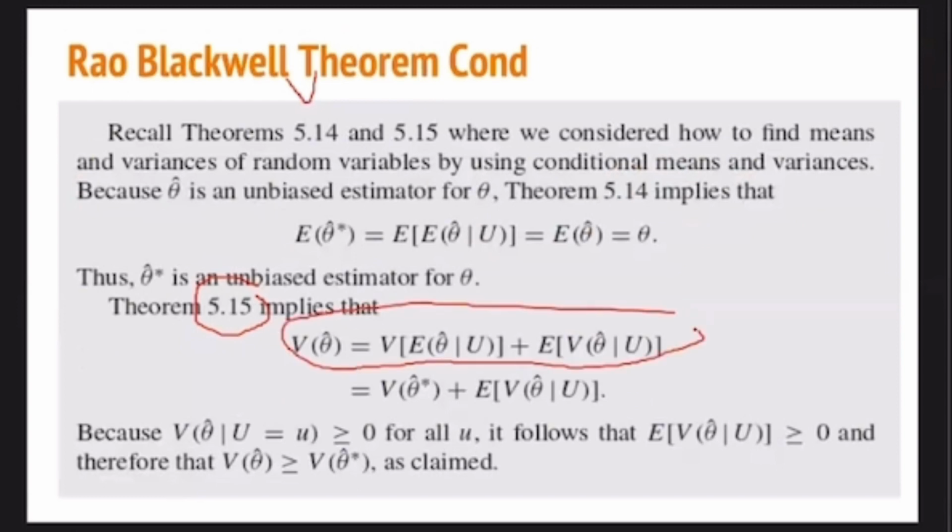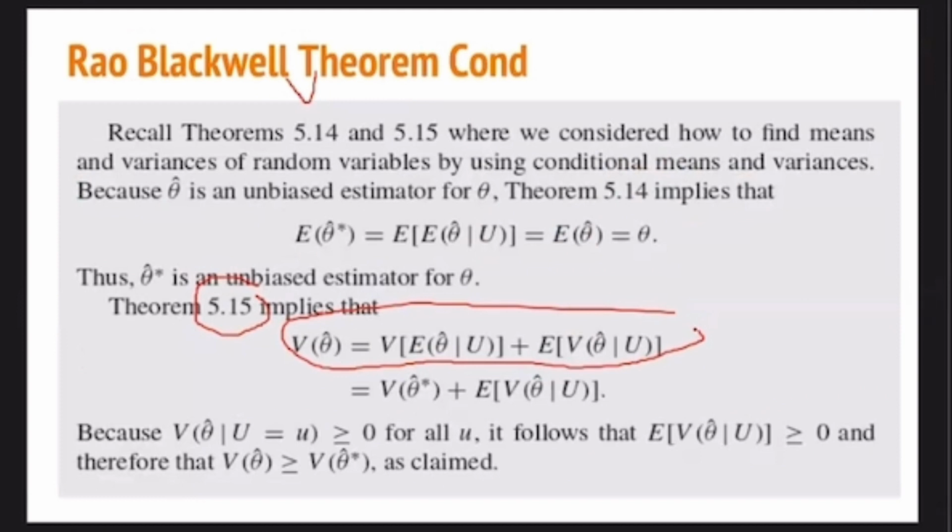You see that? The theta cap here is like y1, equal to the variance of the expectation of theta cap given U. U here is the sufficient statistic, so U is acting like a y2, and theta cap is acting like a y1. So the variance of theta cap equals that. That's from statistical theory.